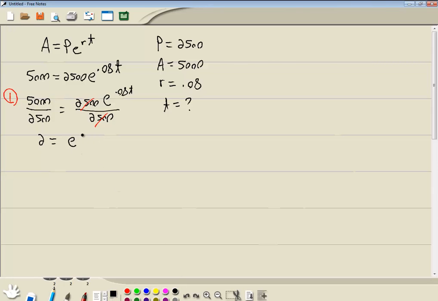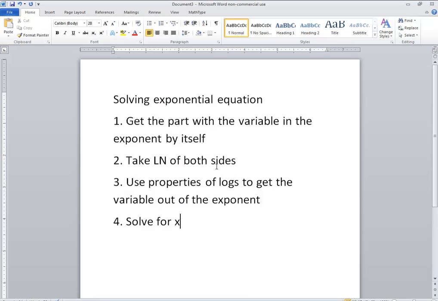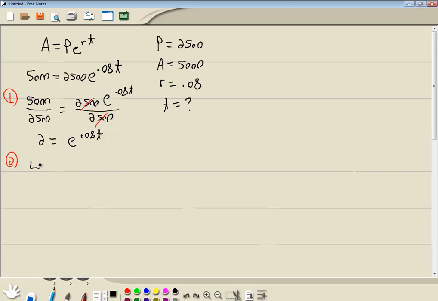And we got e to the 0.08t power. Step 2. Take natural log of both sides, ln. So natural log of 2 is equal to natural log of e to the 0.08t power.